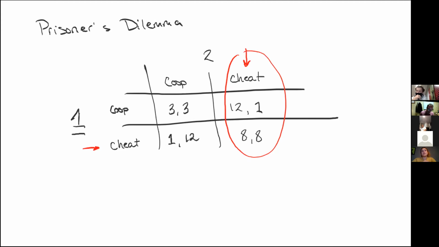We're thinking about the 12 or the 8. Cheat. You're also going to cheat, right? And so what we can say is that no matter what player 2 does, it's always better for us if we cheat. Does that make sense?